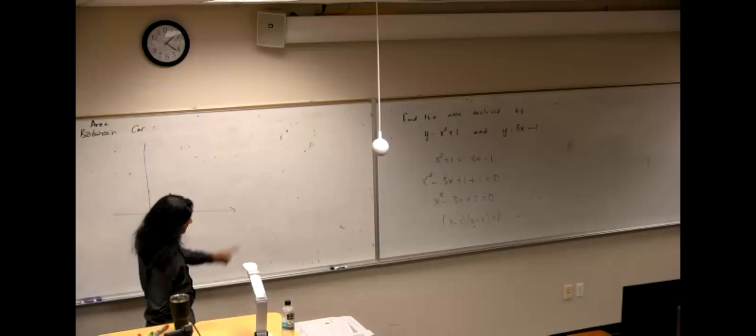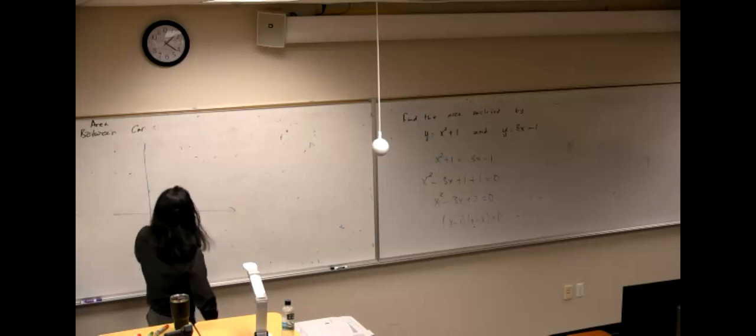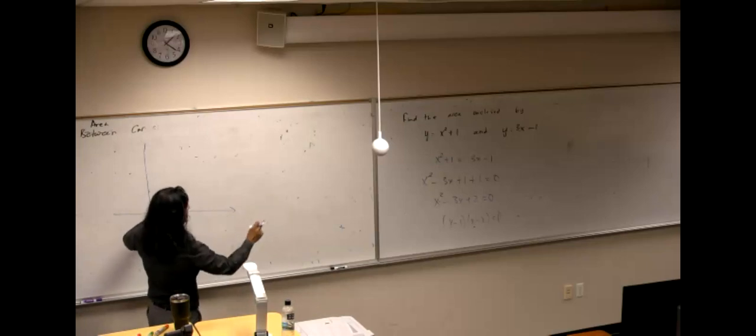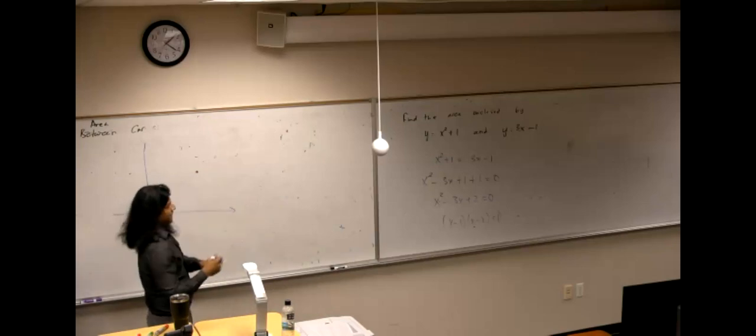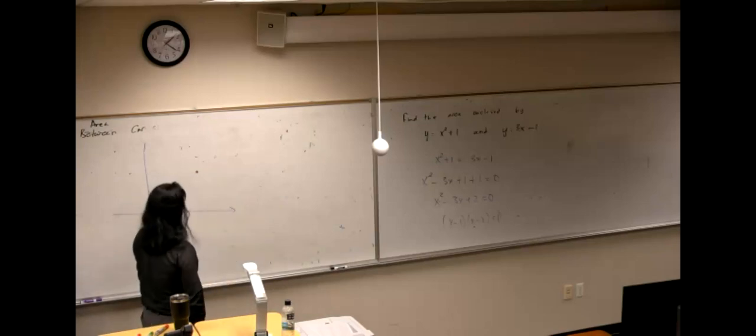When you plug in 1 in the second equation, you're going to get 2, yes? When you plug in 2, what do we get? First equation, say 5, yes? 2 squared plus 1, 5. Straight line, still get the same answer.